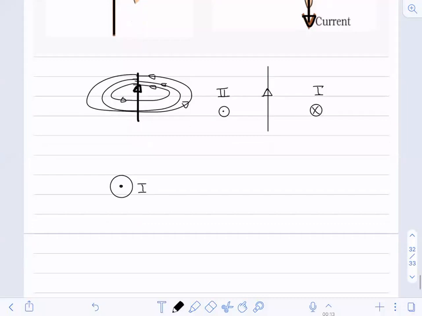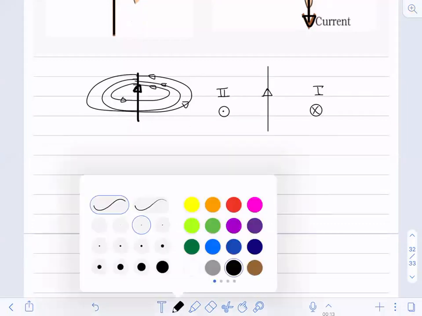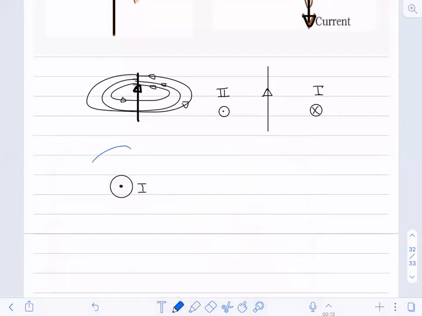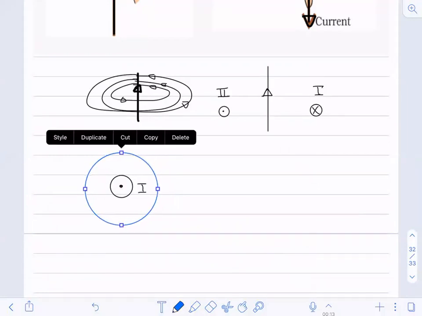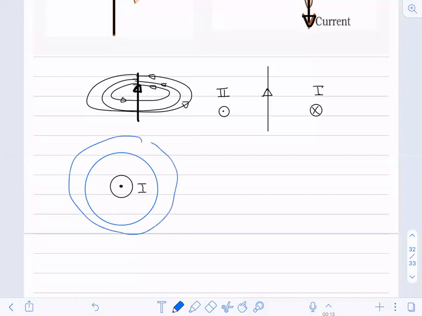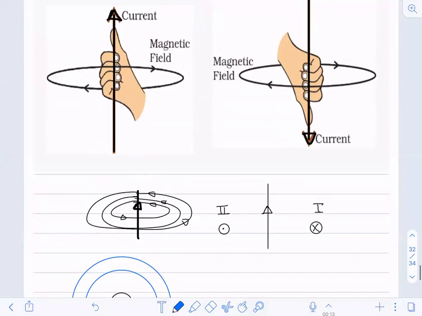Correct. It will be anti-clockwise direction, not clockwise. You will have it like this.